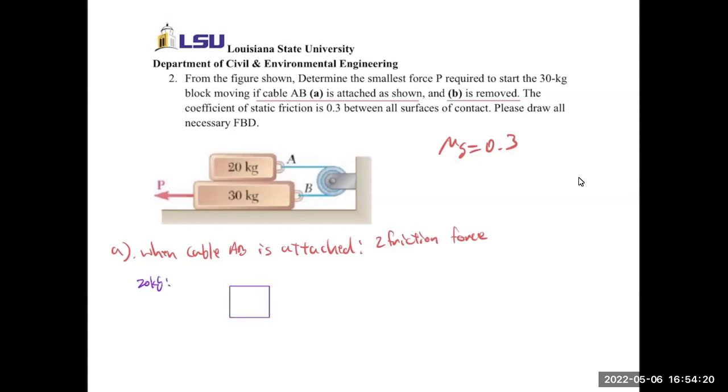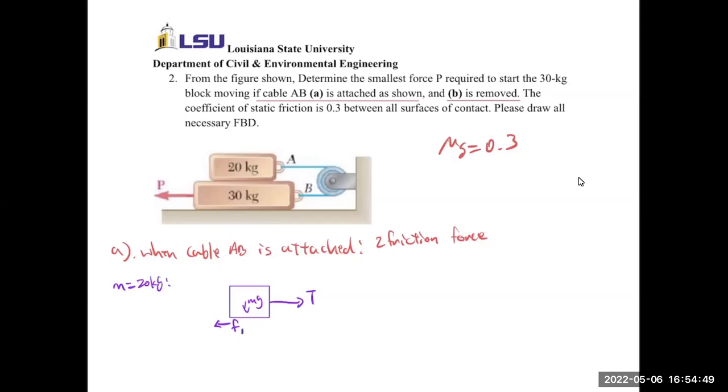object. So we know that 20 is the mass, so the weight is going to be mg. And then we know that there will be a force, let's call it T, pulling this thing to the right, and the friction is going to be opposite of the pulling force. So right here, this will be F, let's call this F1.